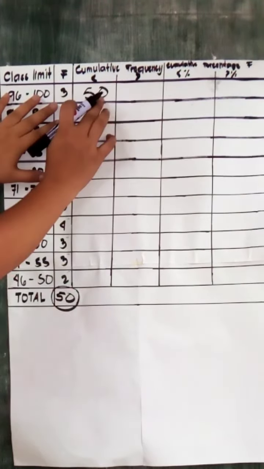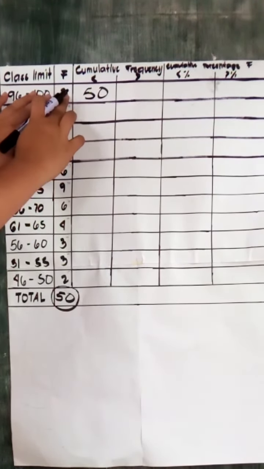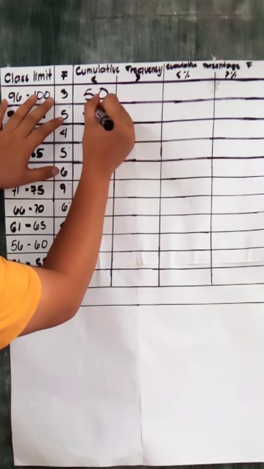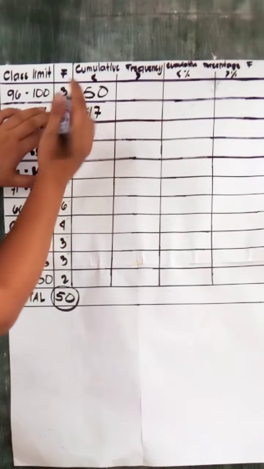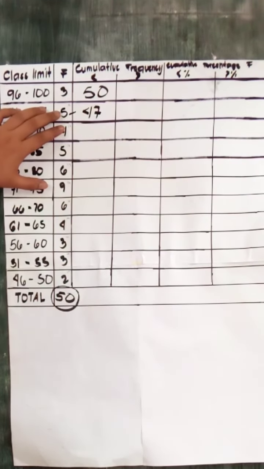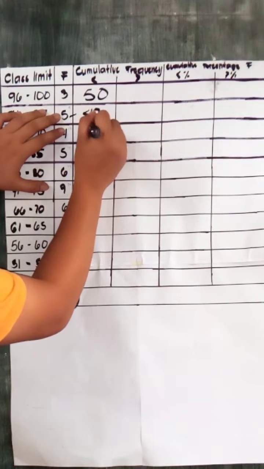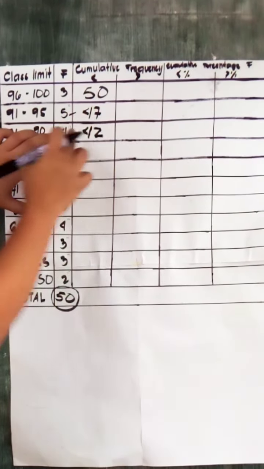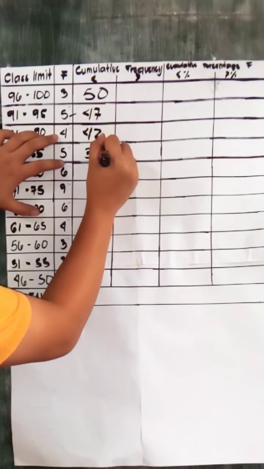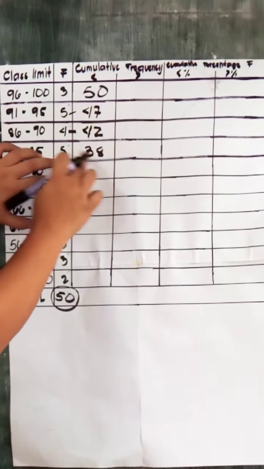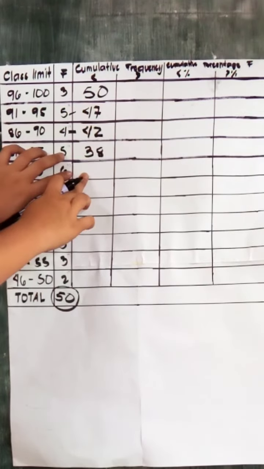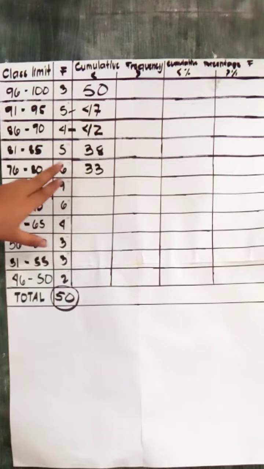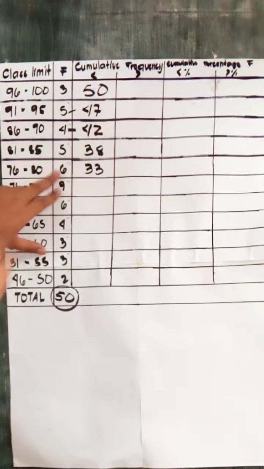So 50 minus 3 is equal to 47. 47 minus 5 is equal to 42. 42 minus 4 is equal to 38. 38 minus 5 is equal to 33. 33 minus 6 is equal to 27.